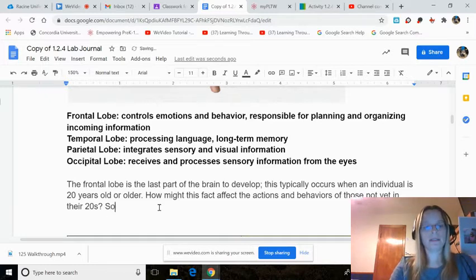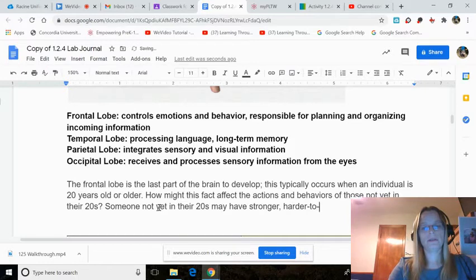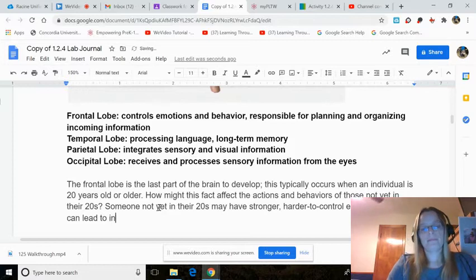Yeah, so somebody not yet in their 20s may have stronger, harder to control emotions, which can lead to, I'm going to say, inappropriate behavior.